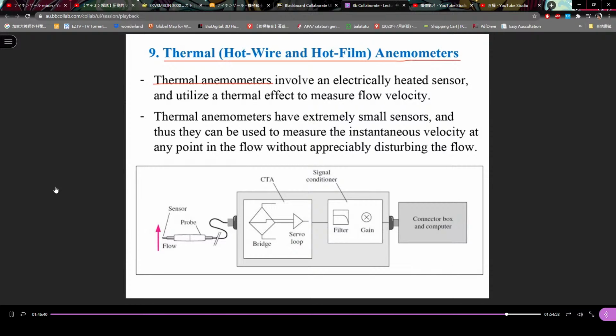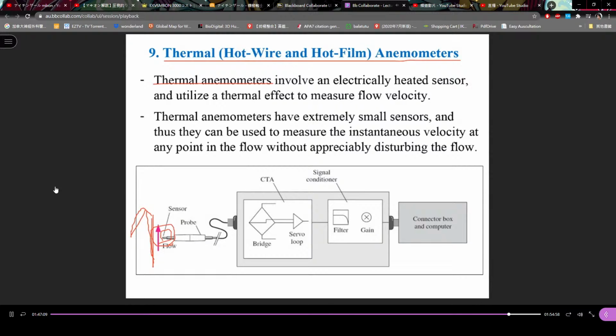What's the principle? See, there is a very tiny sensor here, put in air, and because the airflow has velocity, it is not static. If static, then you will find the velocity is 0. Higher velocity here will affect the heat.